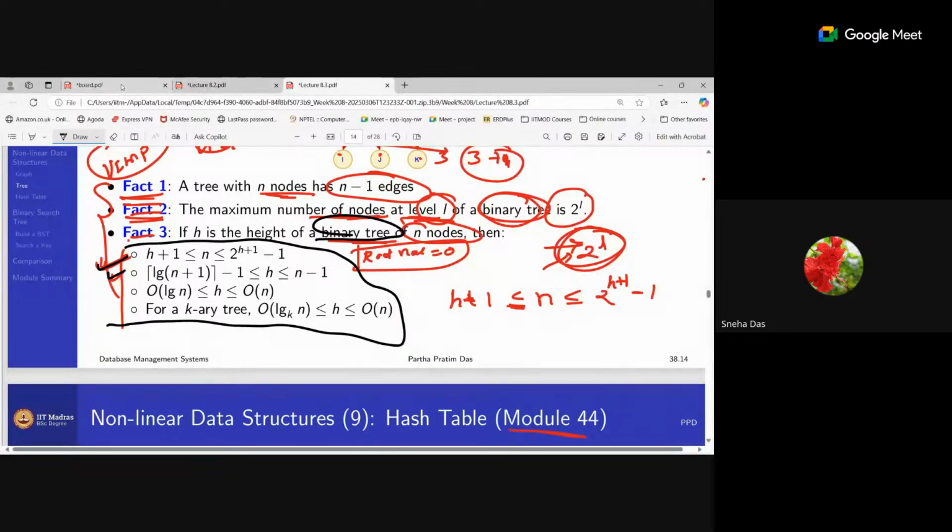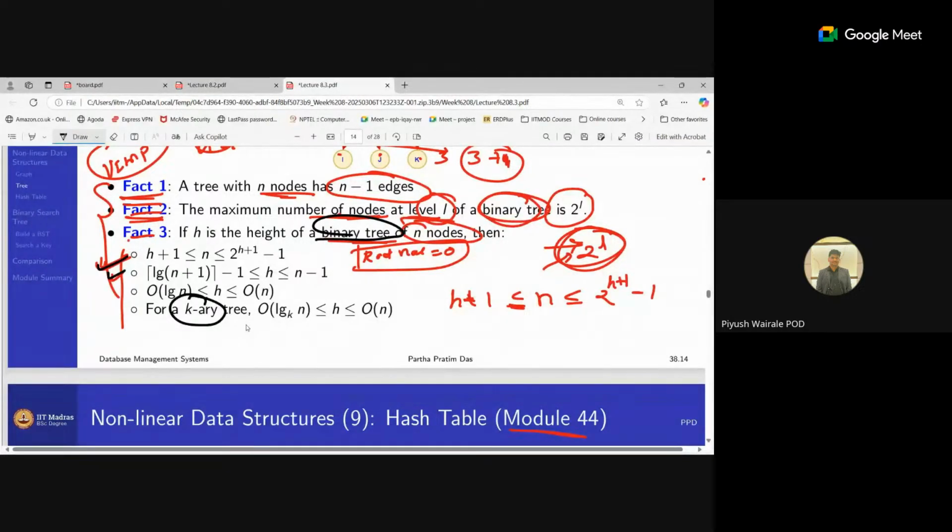So K-ary means the number of children that a particular node can have at maximum. When we talk about this one, this is binary, so you will have two children, and log to the base 2 here. If we have at most two children for a node, it is a binary tree, so order of log 2.